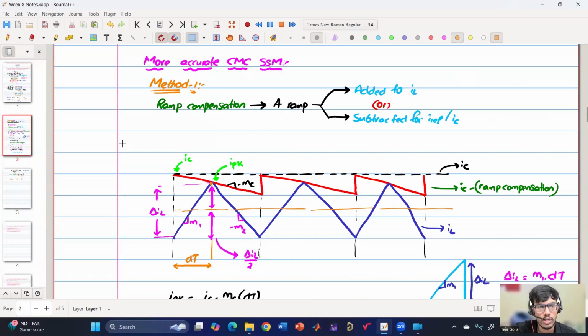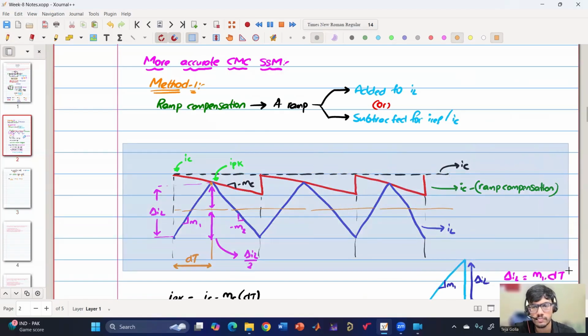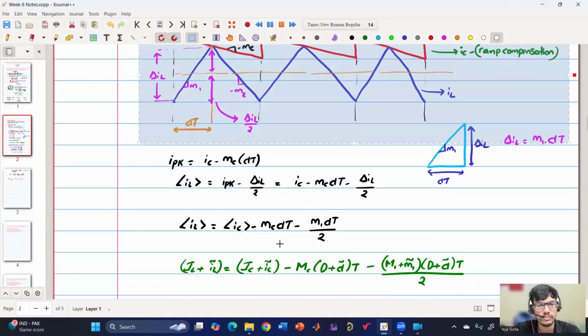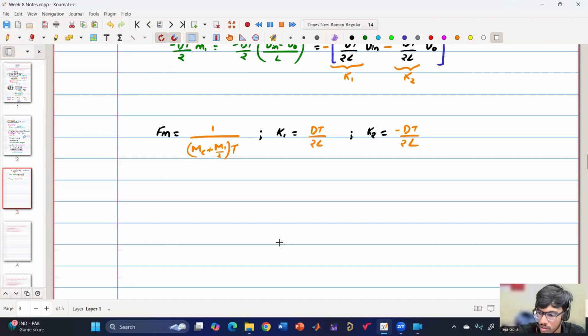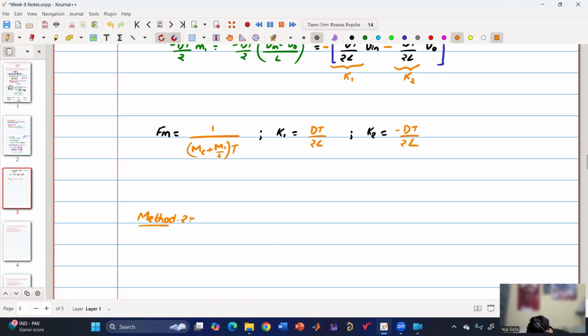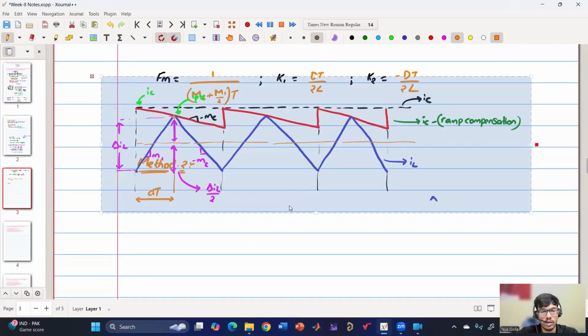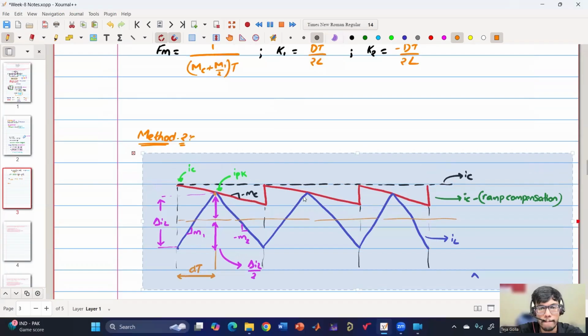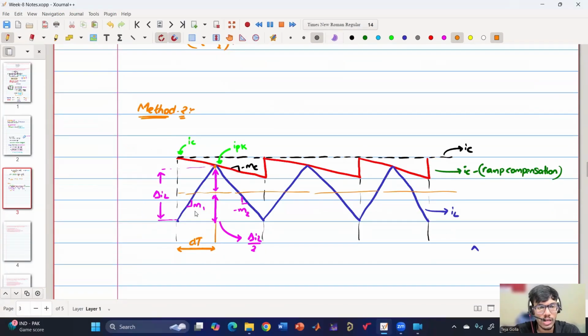So method 2 also I will consider the same diagram. In the case of method 2, what we'll be doing is we'll not consider the average of this entirety.